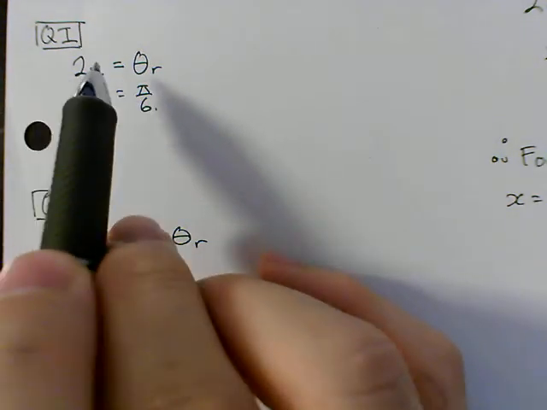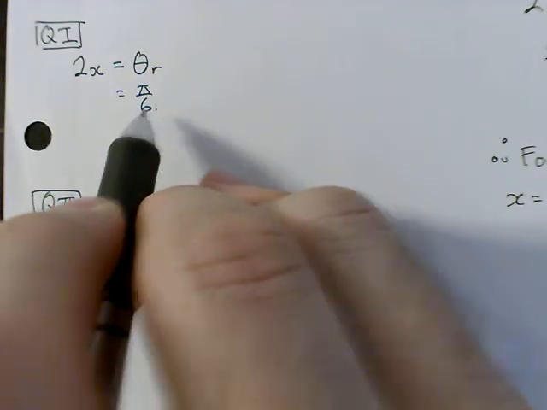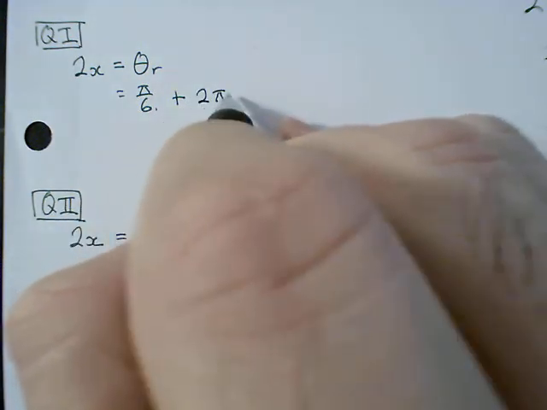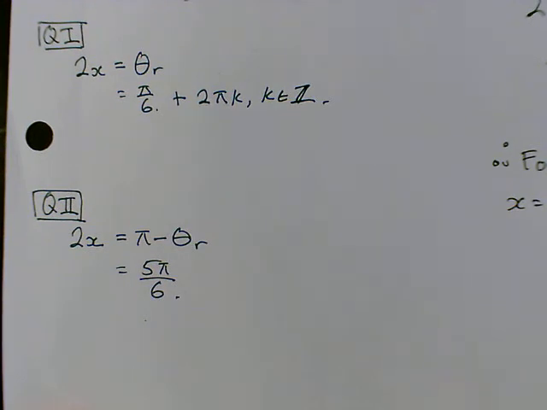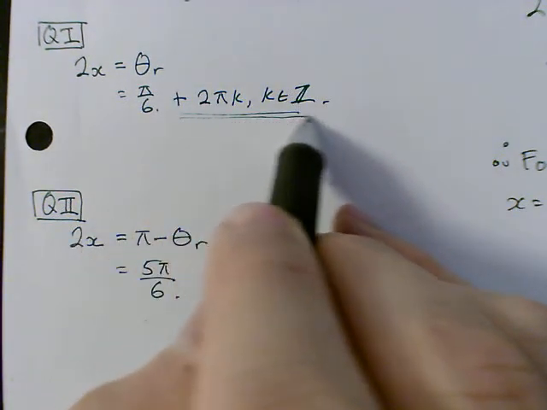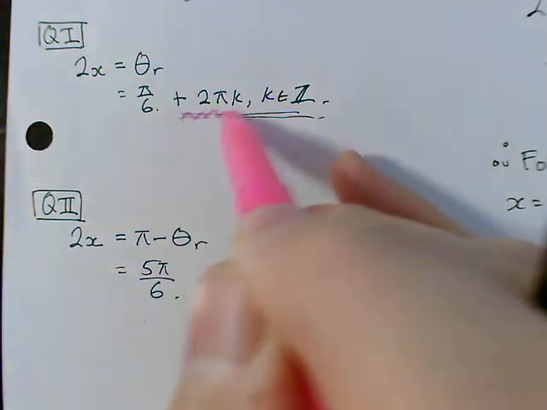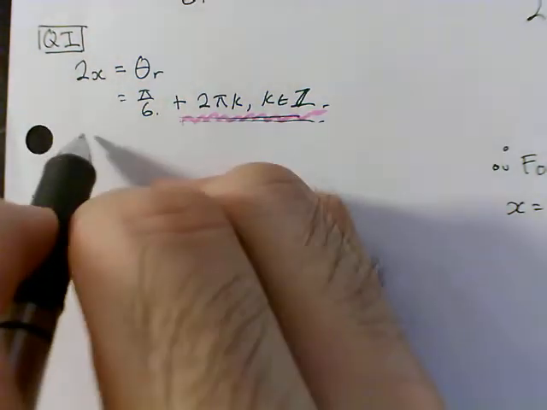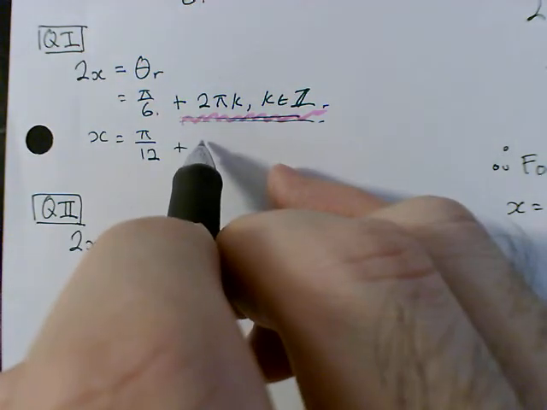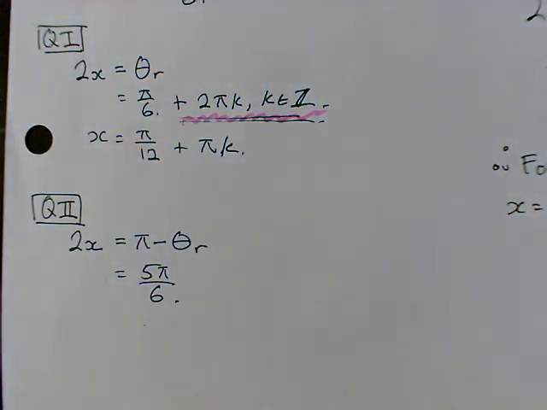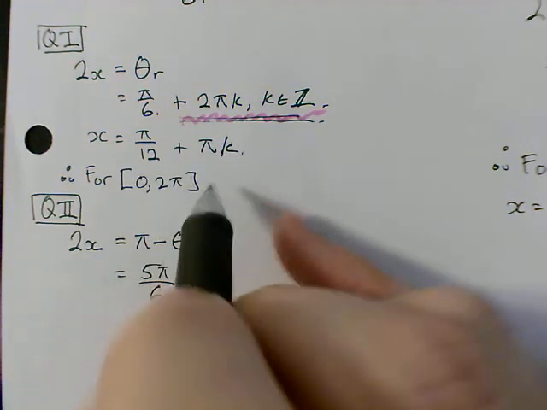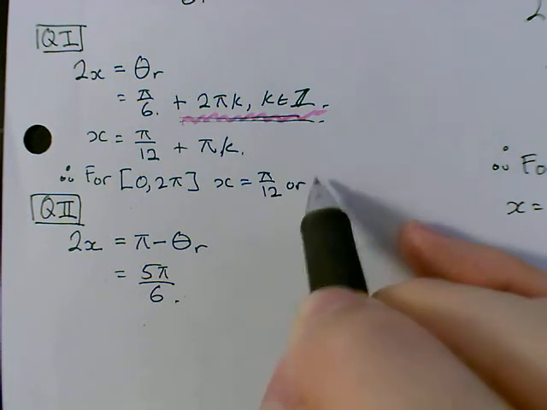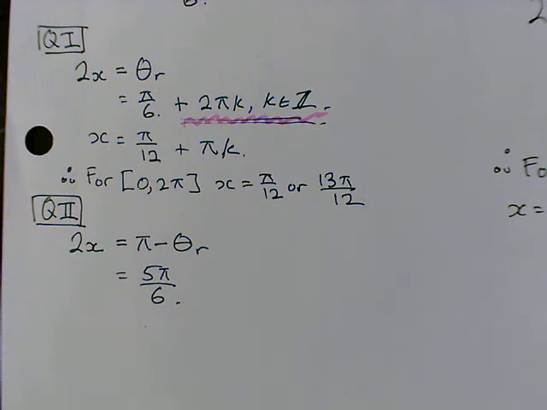But get into the habit now of considering this as an answer out of all the possible other coterminal angles out there, so that when you isolate x, this becomes pi over 12 plus pi k, so that you have two answers.